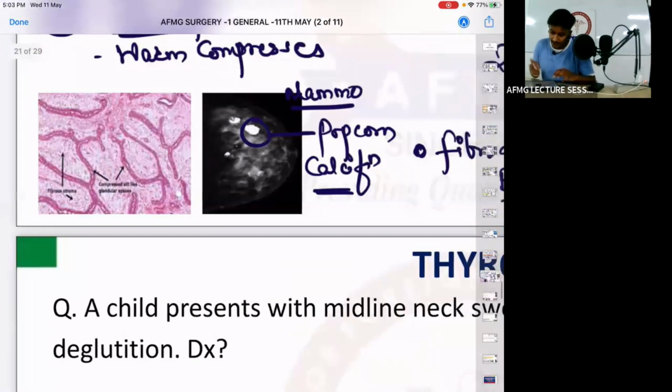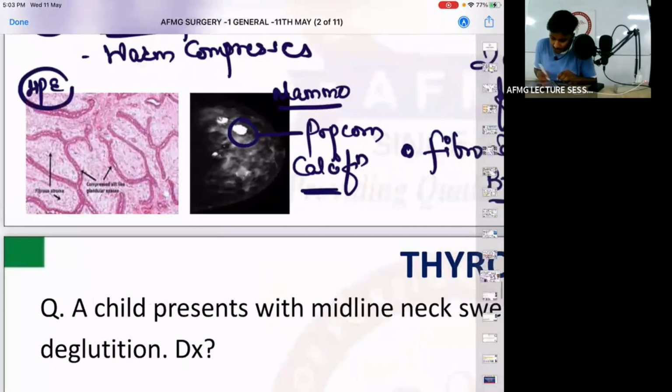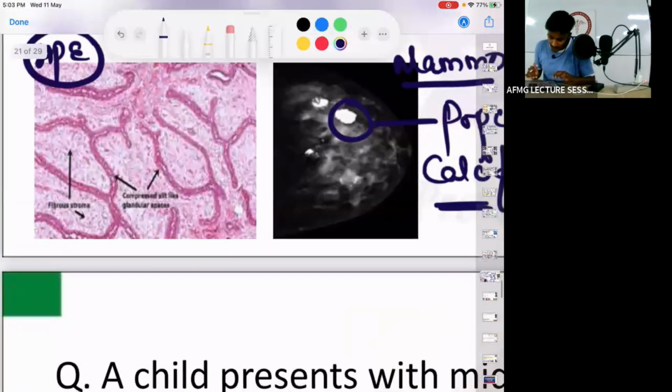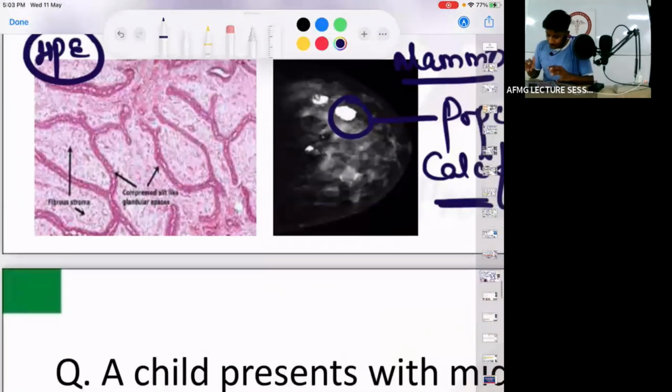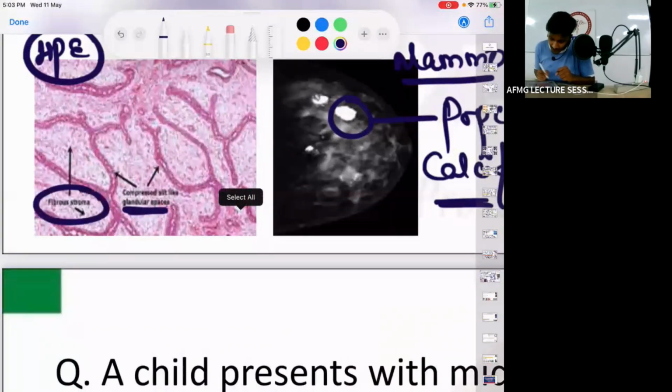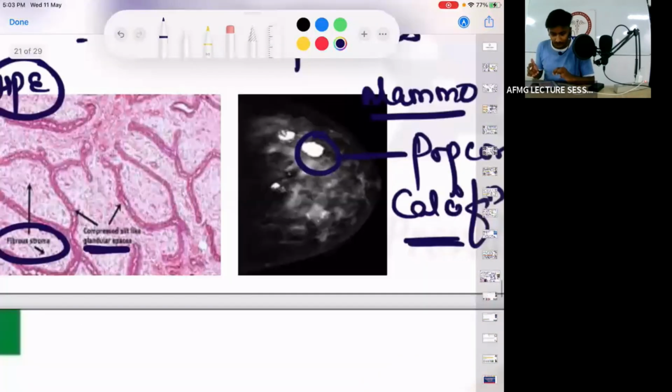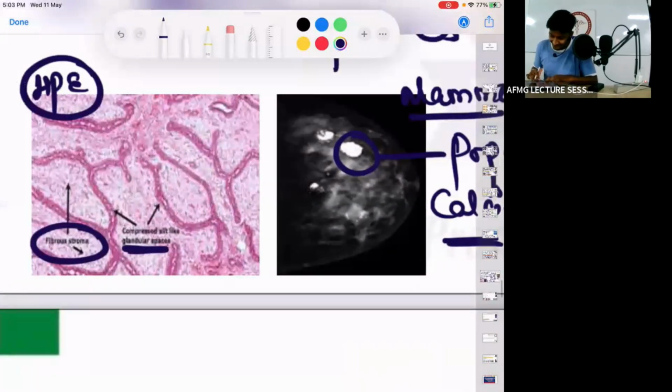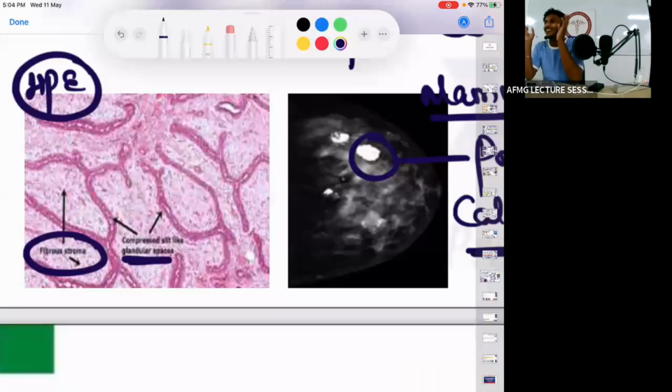If I talk about the histopathological examination, what is seen? So you can see that the glandular spaces are compressed, and the fibrous stroma would be seen. Fibrous stroma or compressed slit-like glandular spaces. This is known as which appearance? It looks like what?